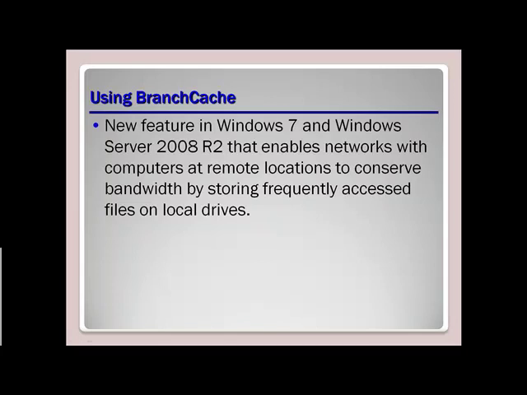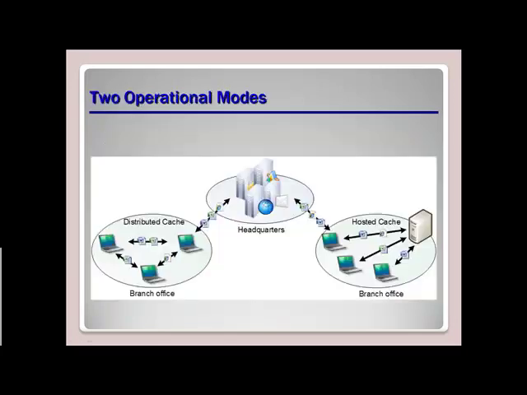Now, the whole point of BranchCache is to allow for the storage of files on remote systems so that it doesn't have to go through the WAN each and every time. WANs are more expensive. They tend to be slower, even by today's standards, than LANs are.